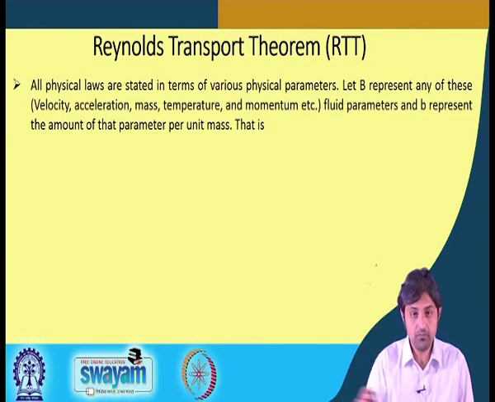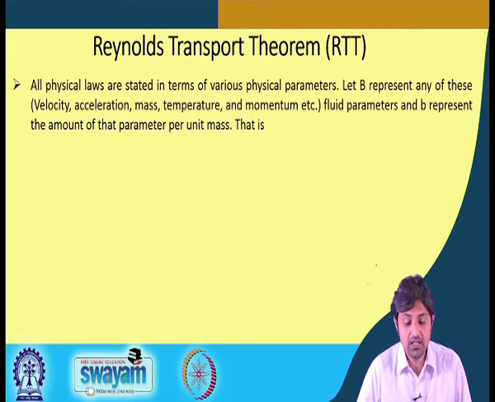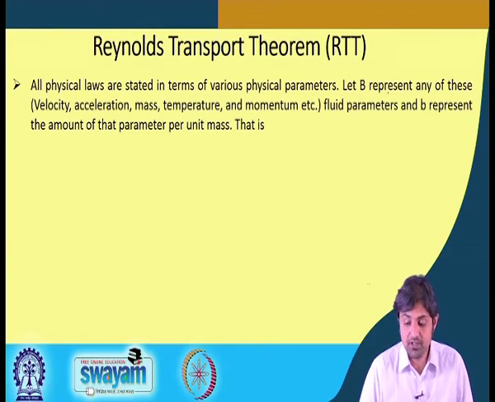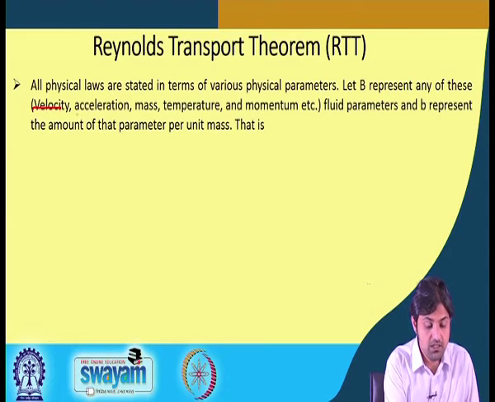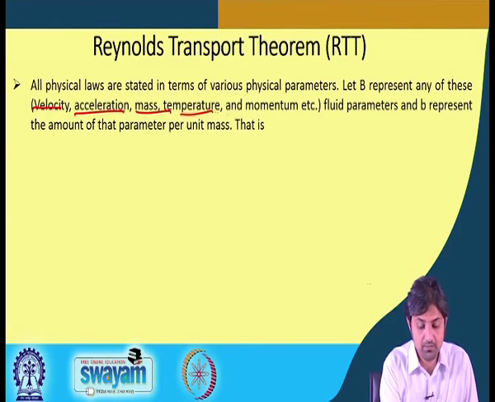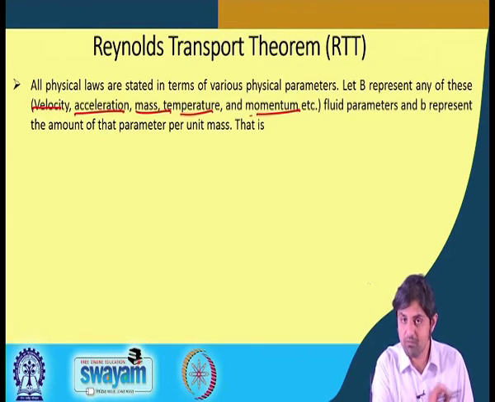So, all physical laws are stated in terms of various physical parameters. If B represents any of these parameters, it can be velocity, acceleration, mass, temperature, momentum, anything.